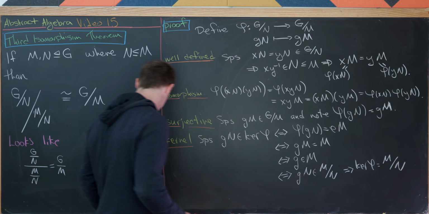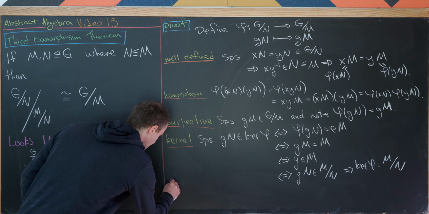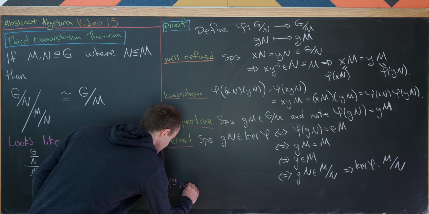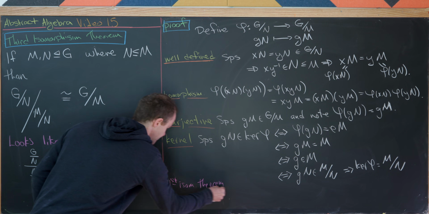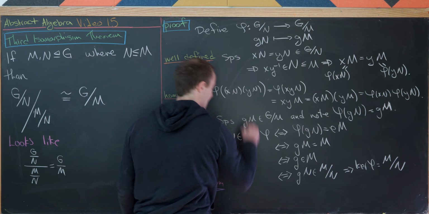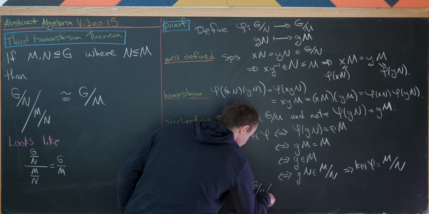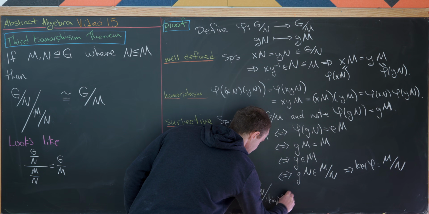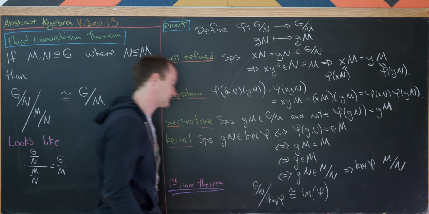Okay, and then really there's only one last thing to do, and that's apply the first isomorphism theorem to finish this thing off. So let's notice that the first isomorphism theorem will tell us that G mod n mod the kernel of phi is isomorphic to the image of phi.